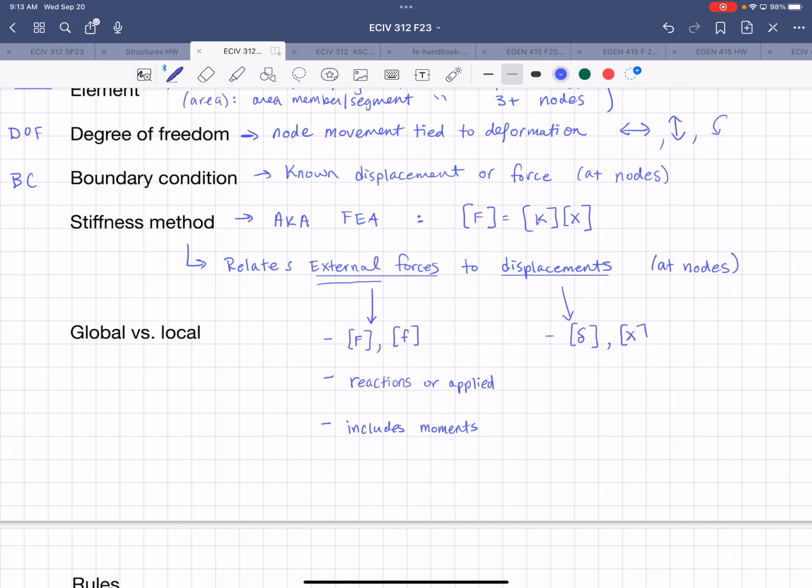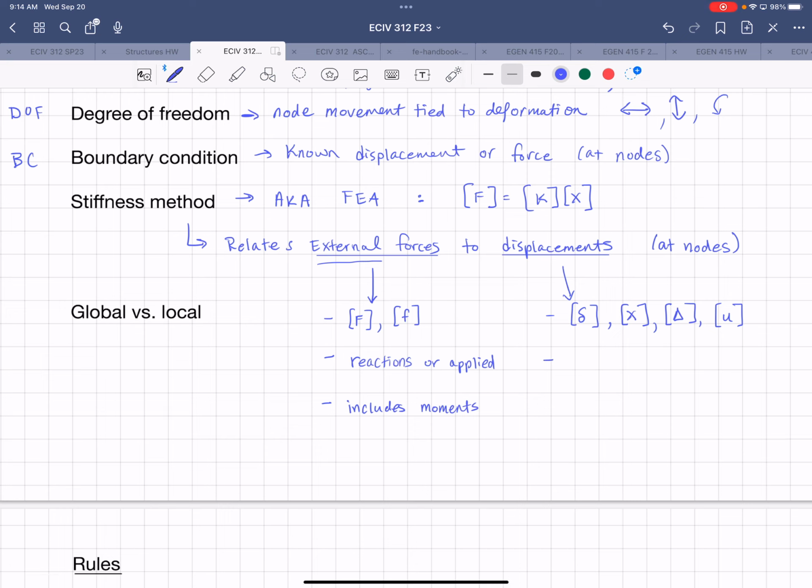Sometimes just x is used to generically represent any deformation or displacement. Sometimes we see capital delta, and then sometimes u is used. So you may see that. I think your textbook uses u in some contexts. And similar to how the forces include moments, displacements include rotations.